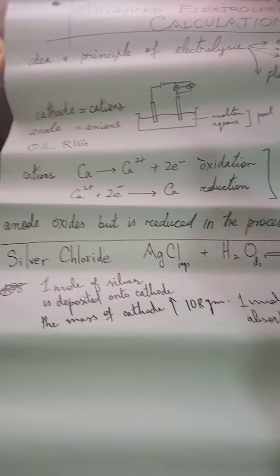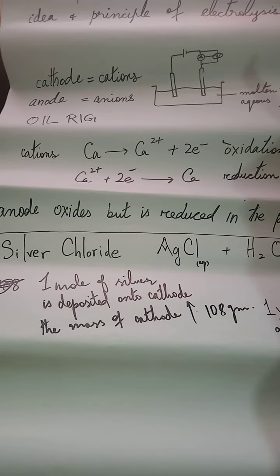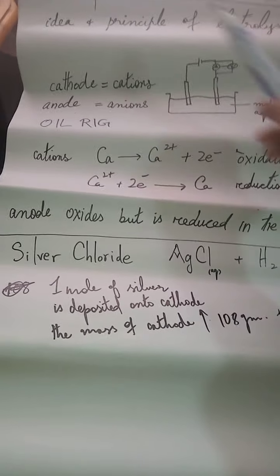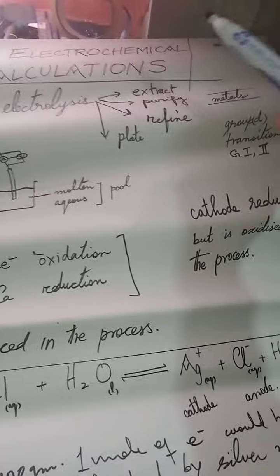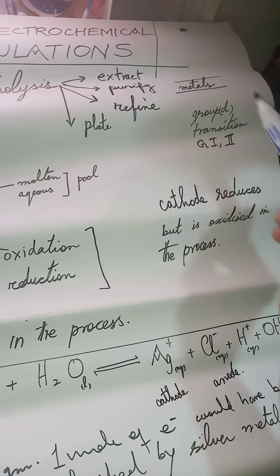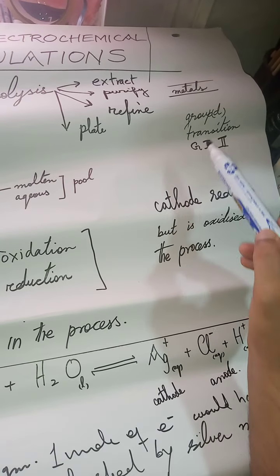Now you can grasp the philosophy of calculational analysis rooted in electrolysis. The principle of electrolysis is to extract, purify, refine, and plate metals, especially group D, group 1, and group 2.